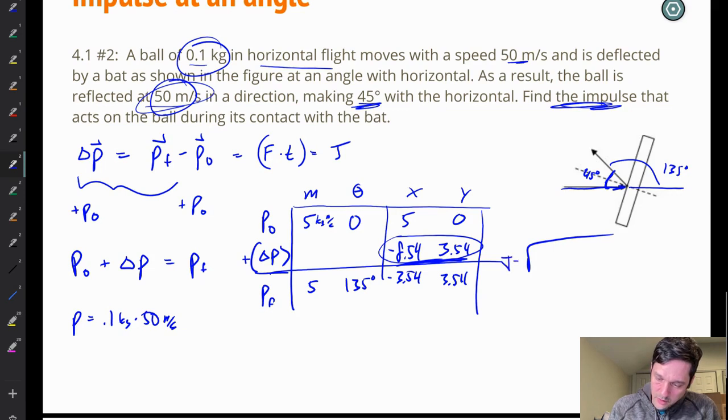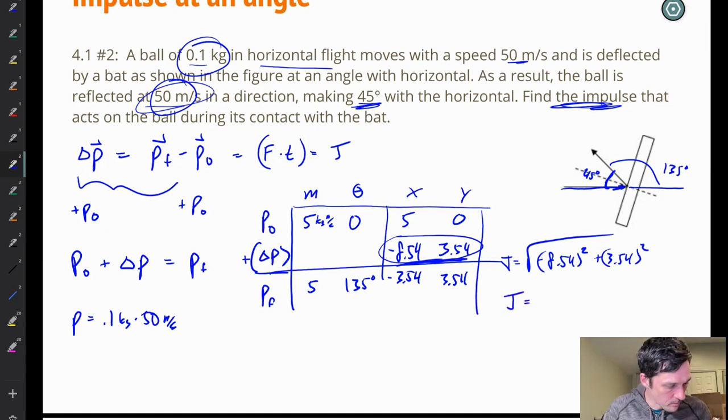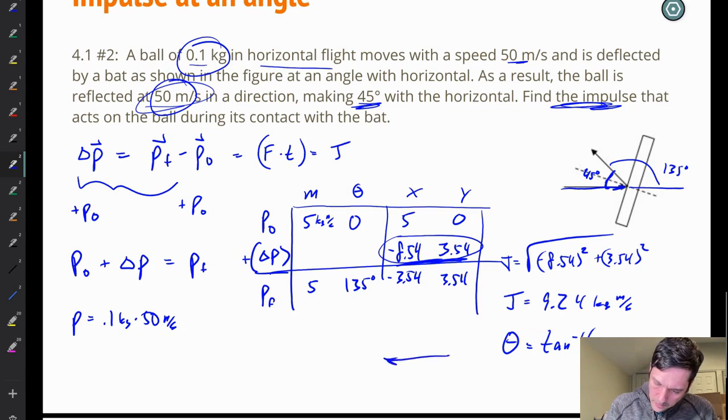So the magnitude of my impulse is going to be the square root of negative 8.54 squared plus 3.54 squared. So the magnitude of my impulse will be 9.24 kilogram meters per second at an angle of inverse tan of, let's see, what we got, 8.54 to the left and 3.54 vertically upward.